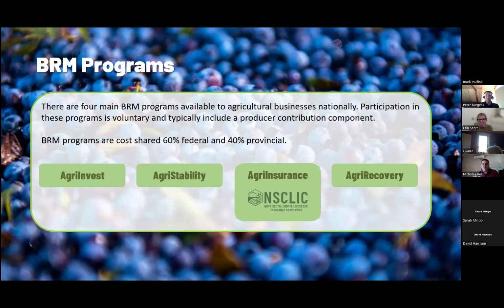So there are 4 main BRM programs available to agriculture businesses nationally. Participation in these programs is voluntary, and it typically includes a producer contribution component. BRM programs are cost shared, 60% federal and 40% provincial.